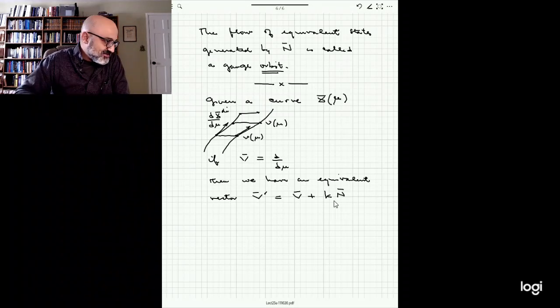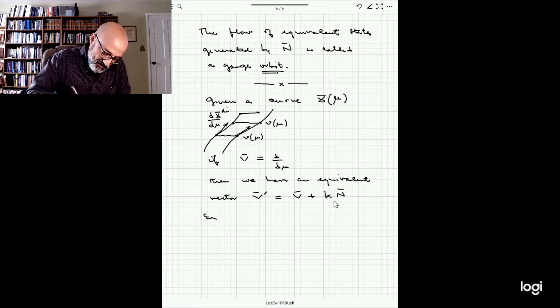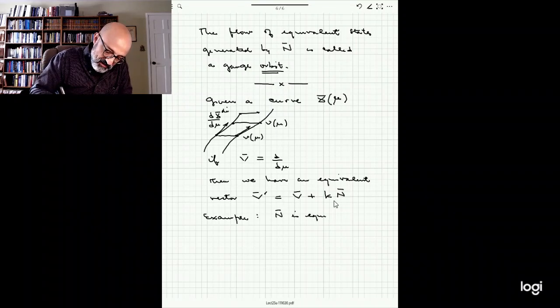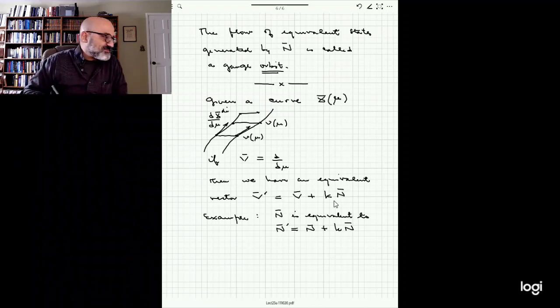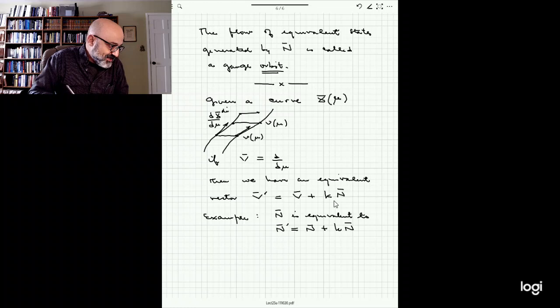So how does this work here? So as an example, n is equivalent to n prime equals n plus some constant n. Here's another one.